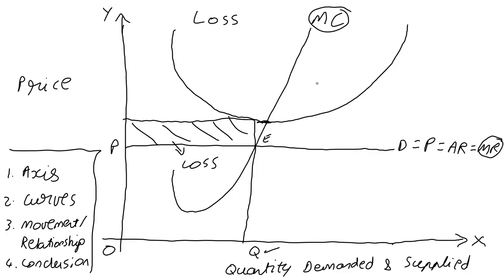The marginal revenue and marginal cost curves intersect at point E, resulting in equilibrium quantity Q. Since the average total cost curve is at a point higher than the price corresponding to the equilibrium quantity, the firm incurs a loss represented by the shaded region PEF, and maybe you can call this PN.